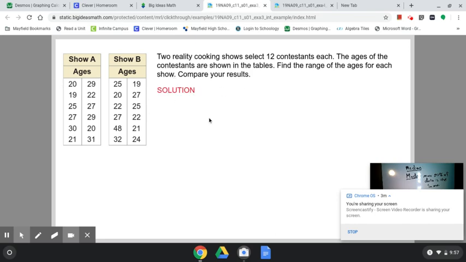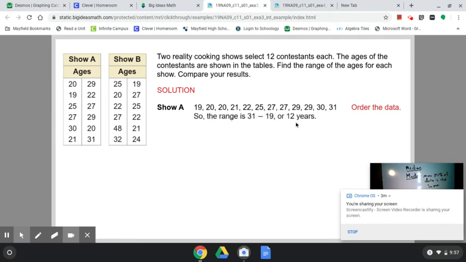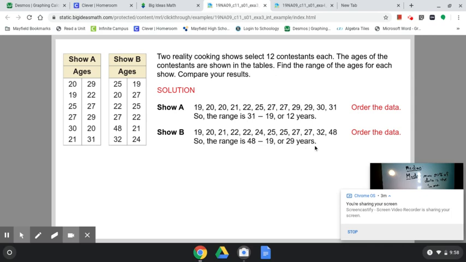You look in Group A. If you put them in ascending order from 19 to 31, 31 minus 19 will be 12 years old. So we can get their range pretty easily. The range for the second group, put them in ascending order. They both have the same youngest, but this one is a much older person. So this one goes up to 48. 48 minus 19, their range is 29 years old.